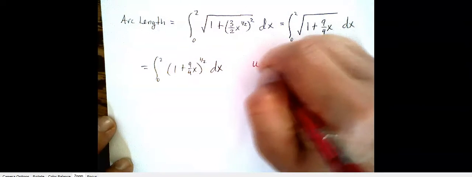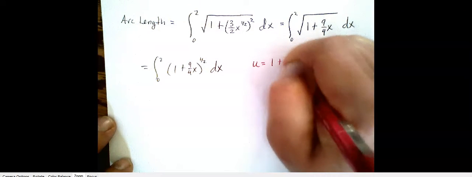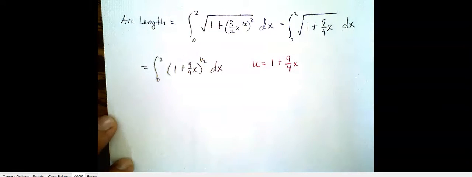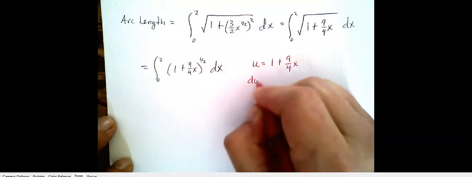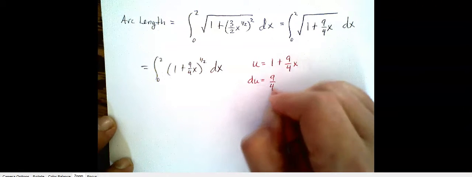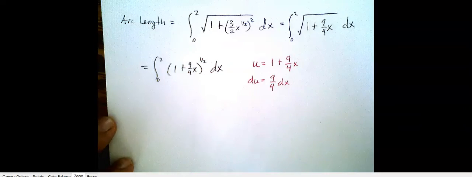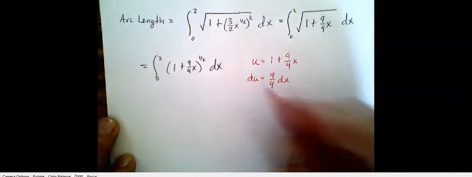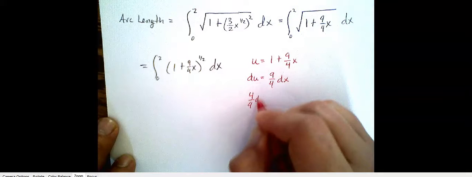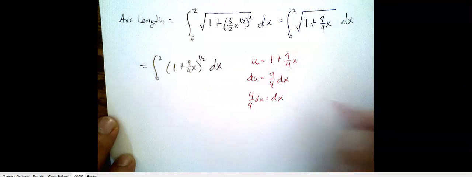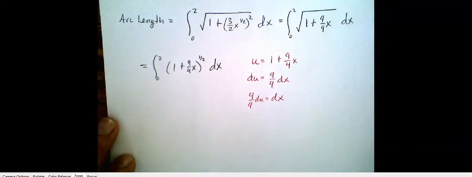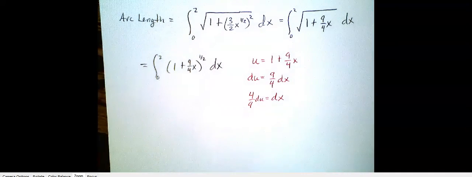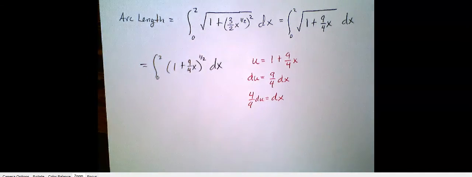U would equal 1 plus 9/4 x. Du is 9/4 dx. Of course, we want just the dx, so let's put our 4/9 over to the other side. And recall that with u substitution, we also need new boundaries on the integral.